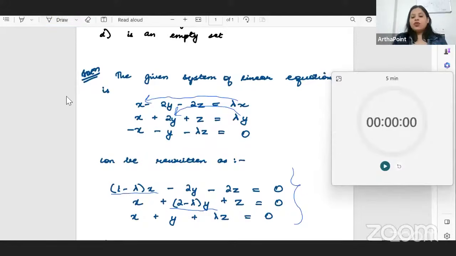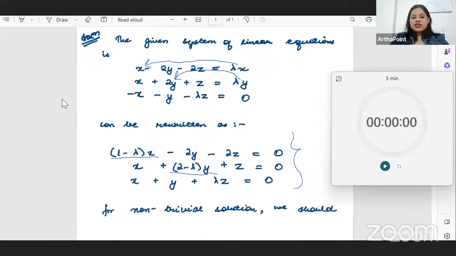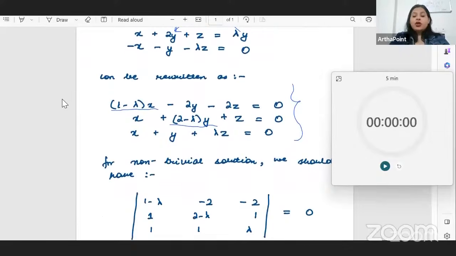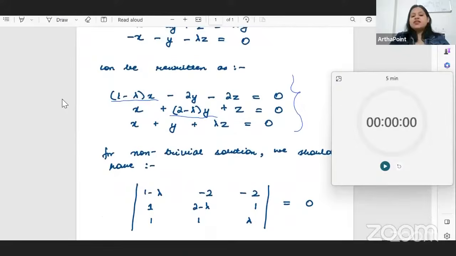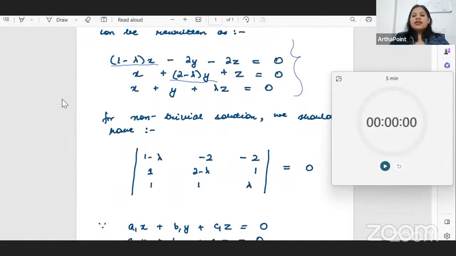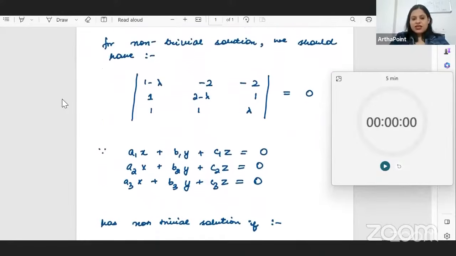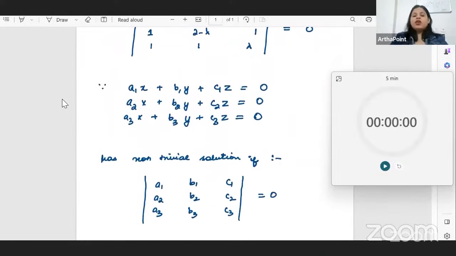Now, after you make the right hand side 0, what is the thing required for a non-trivial solution? Very simple. We want that the determinant should be 0. So why am I saying this? Look here. Whenever you have three equations, please remember this, revise with me.